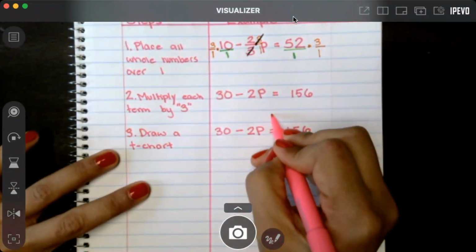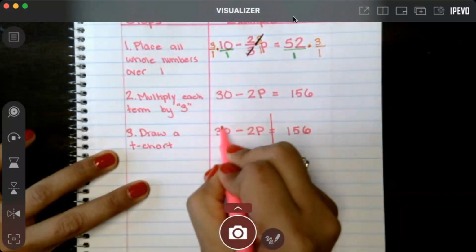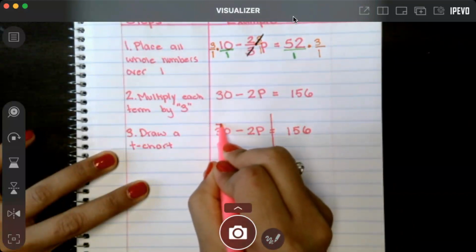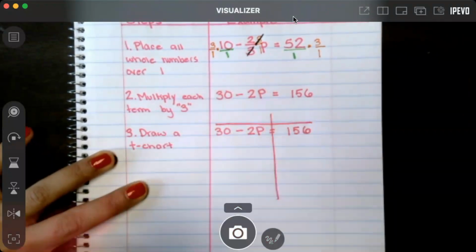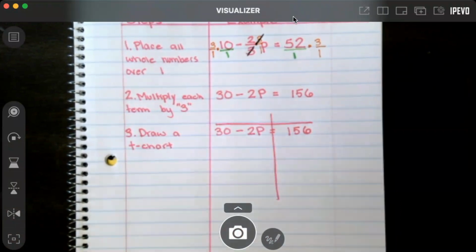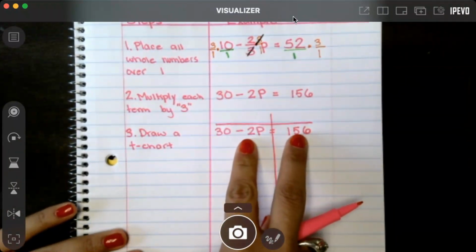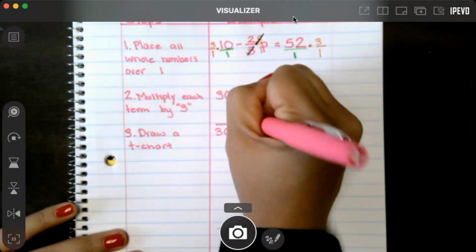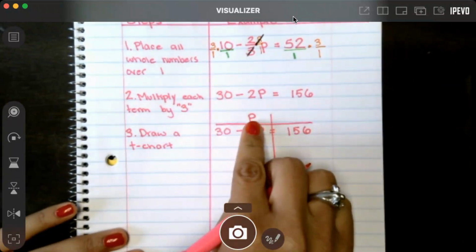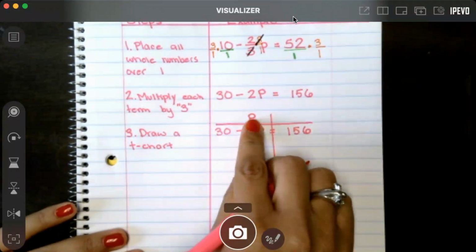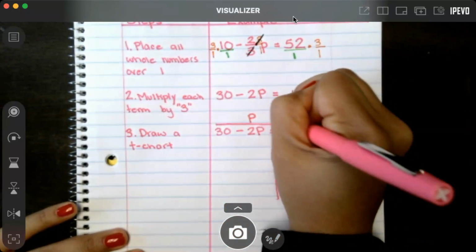Then I'm going to draw a T-chart that goes right through the equal sign and then right over the equation. On this T-chart, I'm going to decide that I want to get all of my p's over on this side and all of my constants over on this side.